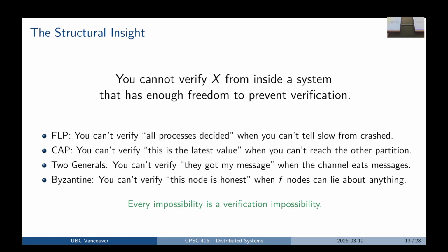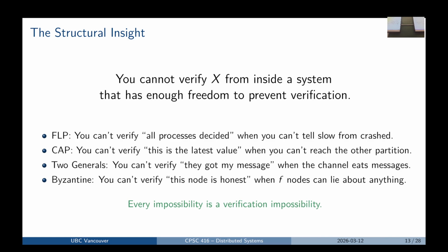In CAP, it said, you can't get the latest value if you can't talk to the other partition. In the two generals, you can't tell if the other general has your message because the network itself is eating the message. And they keep sending couriers out and they keep getting shot. It happens.